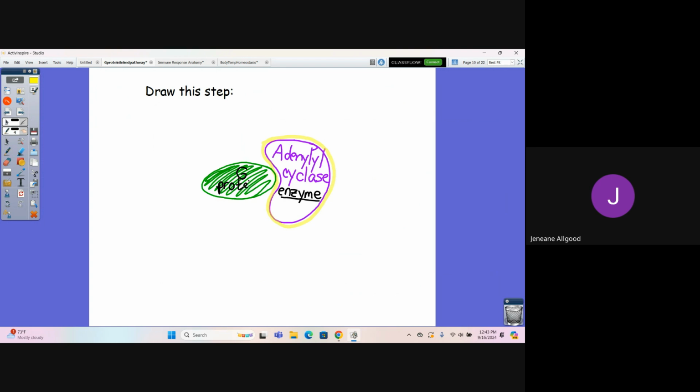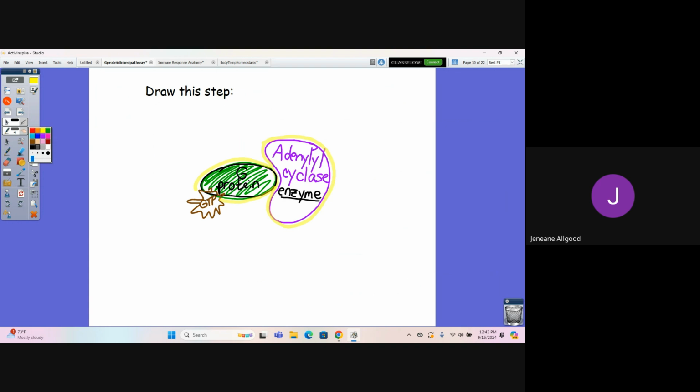This is not new. And because GTP is attached to that G protein, we know that that G protein is active.